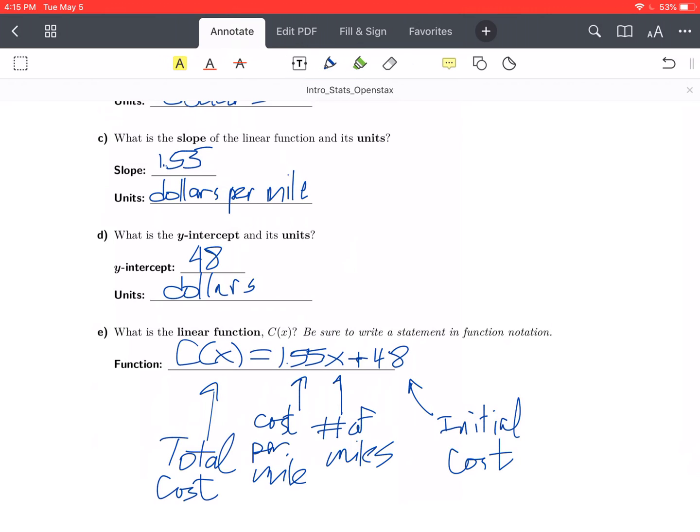We can interpret these linear functions not only in mathematical and graphical terms, but also in real-world context, and that's how we'll be using them as well.